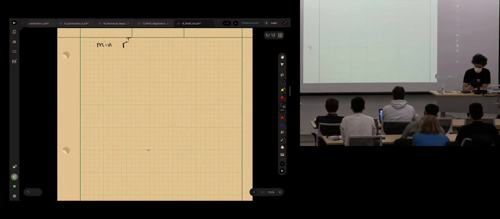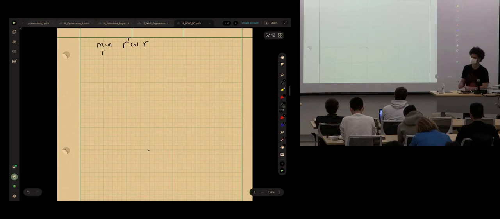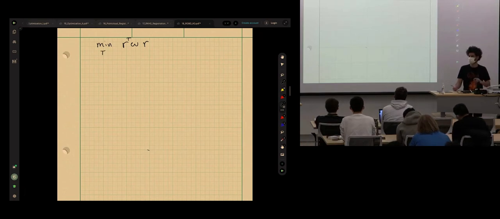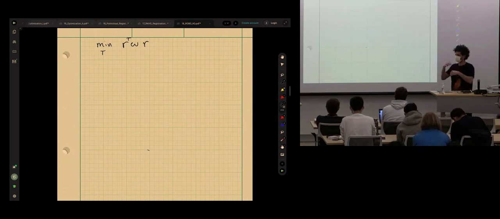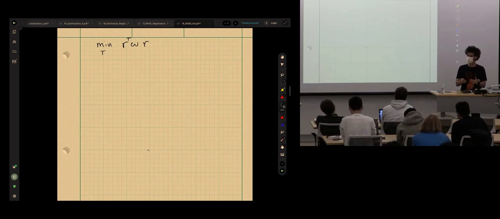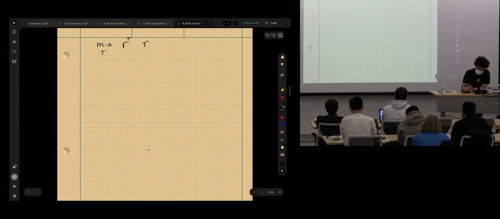It will be R transpose W R. Now, of course, we're solving over T. Again, the W depends on the residual and it's IRLS, but for one step, it is a weighted least squares. Now, if you calculate this, this is probably some matrix.